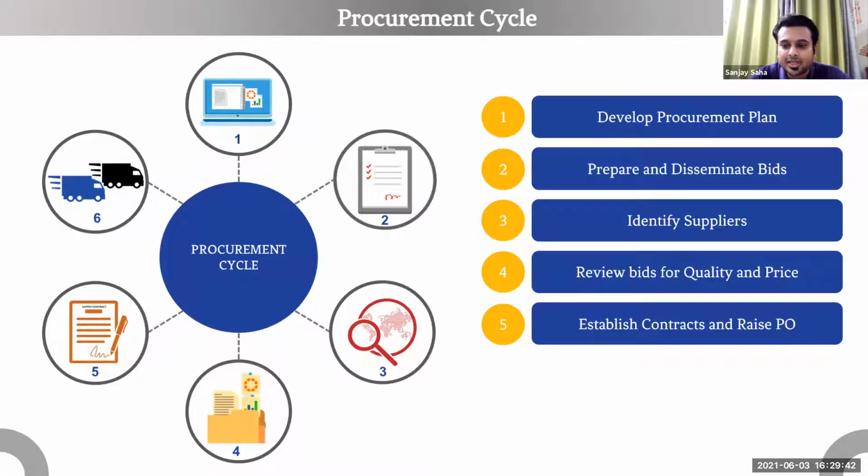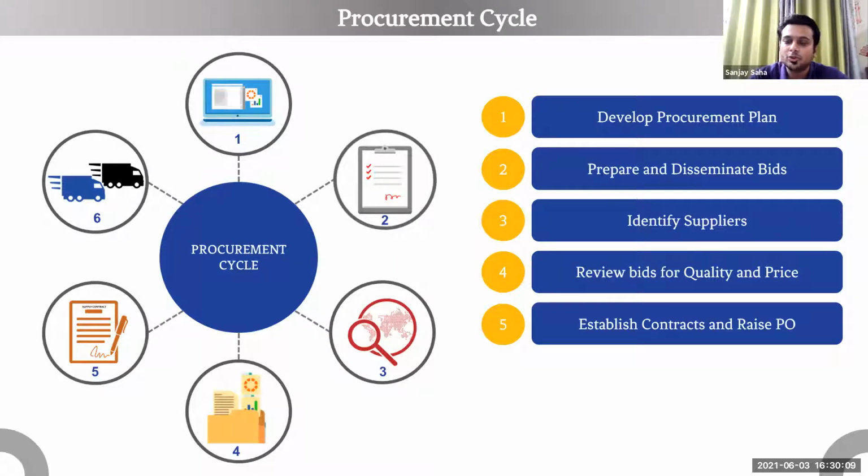So the lowest price bid mostly wins. But these days we're also working on a review mechanism which is called QCBS, quality and cost based selection, which means that you look at both quality and cost. You don't just look at cost, because sometimes lower cost may mean poor quality as well.